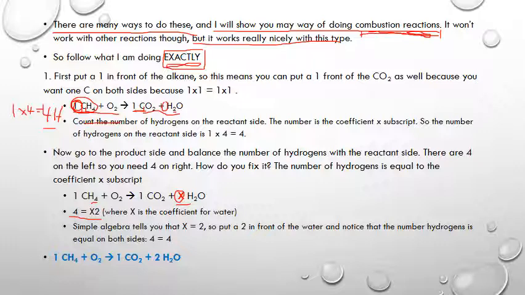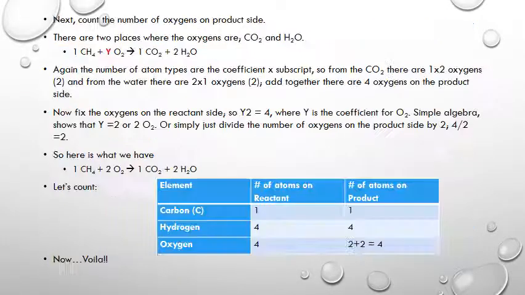Right, we're not done. We're done with the carbons and the hydrogens. They've been balanced. There's one carbon on both sides and there's 4 hydrogens on both sides. But now we've got to check the oxygens. What we're going to do is go to the product side and count the number of oxygens.